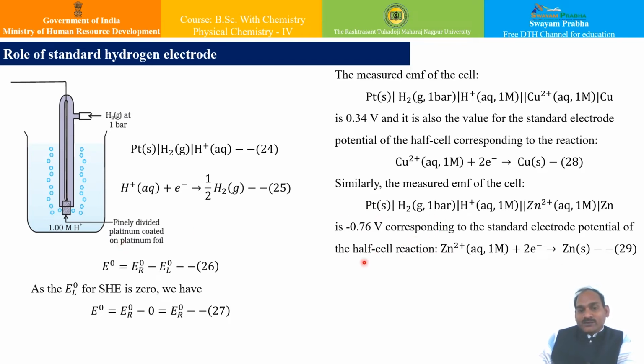So whenever the standard electrode potential gives you a negative value, it indicates that the hydrogen ion cannot oxidize the given substance, and whenever it has a positive value, it indicates that it can oxidize the given substance, isn't it?